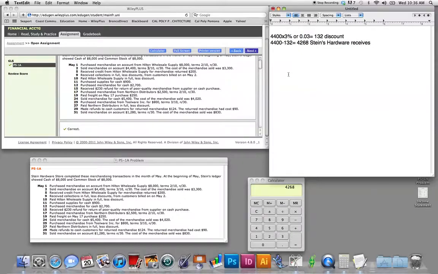Okay, so for May 9th, the accounts that would be debited would be cash, since we're receiving the $4,268 from the transaction on May 2nd.